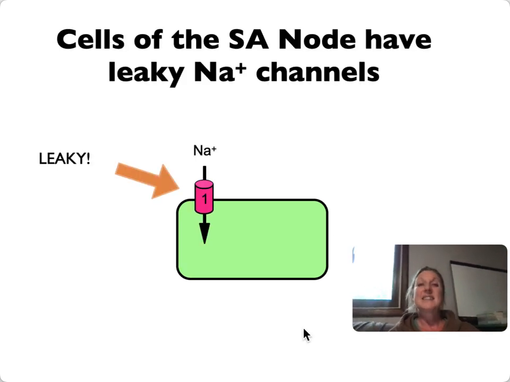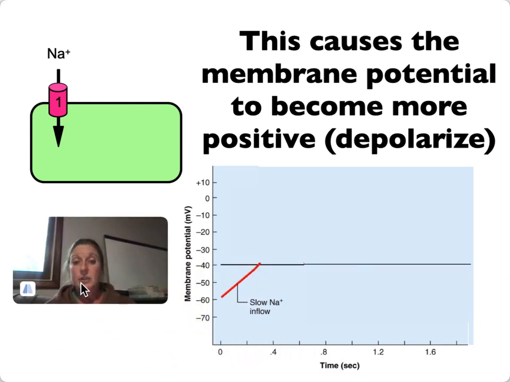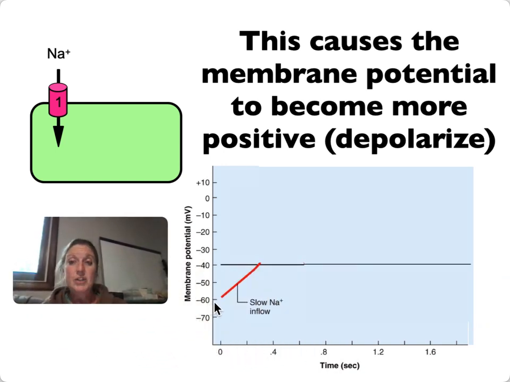Now, the cells of the SA node have these sodium channels that are leaky. That means they're never all the way open and they're never all the way closed. All right, so we've got this negative cell here, and the sodium is just sort of dripping into the cell. If we put an electrode in the cell and we measure the charge inside the cell compared to the outside, then we would see that it's slowly becoming more positive, right?